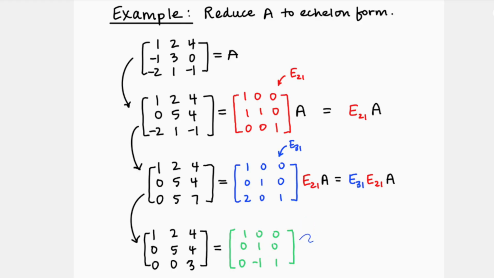I multiplied that on E31, E21, and A. We are going to call that last elimination matrix E32 because it cleared out the 3-2 entry.